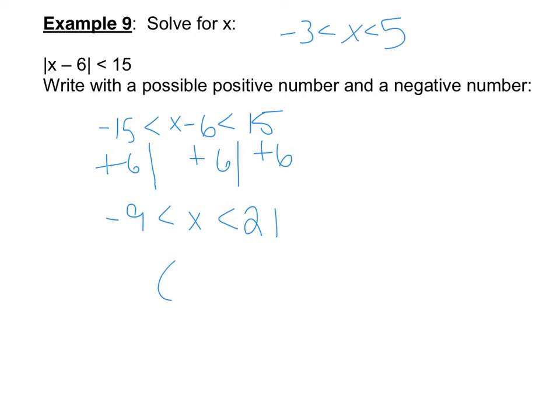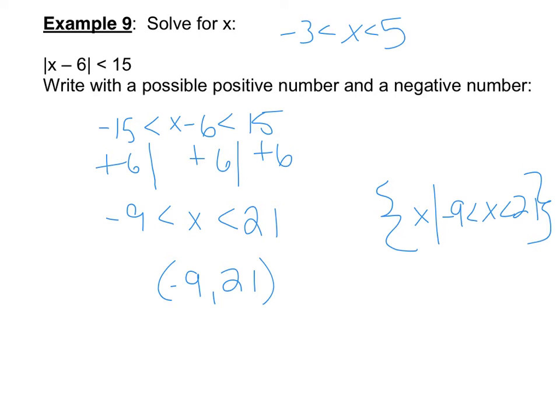And then remember, we could write it like this. That's the interval notation. Or the set notation you could do. Like that. Okay? Just reviewing some things.